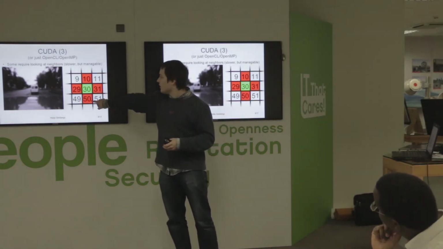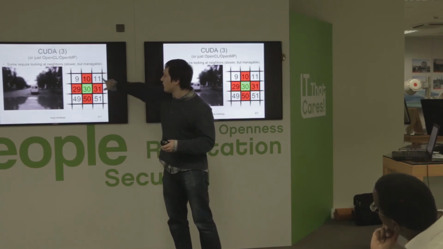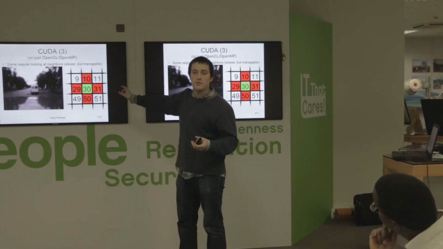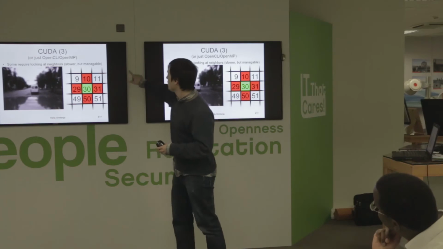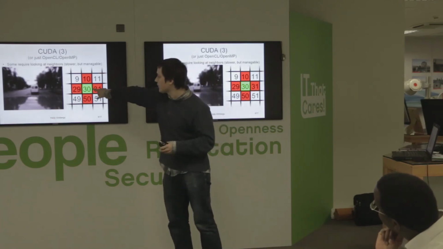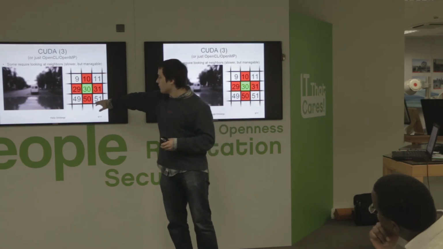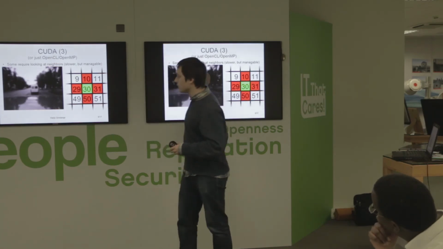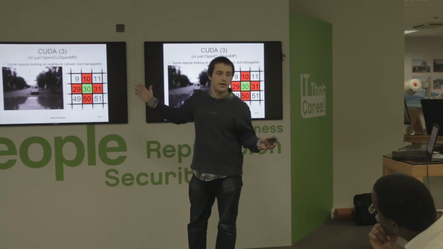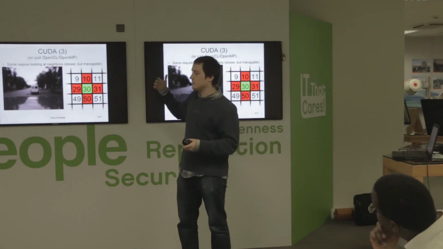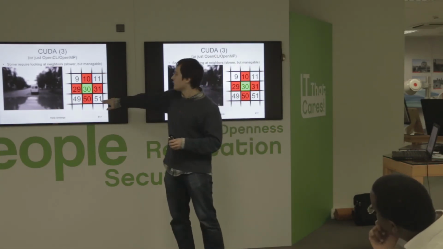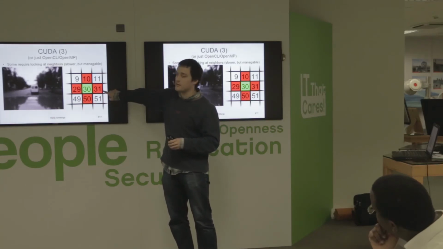But in the next row, the numbers basically show how it is laid out in memory. So I have 9, 10, 11, then there are more pixels, then there's the second row with more pixels. And so if I look at pixel 50, it could be kilobytes away, so much more than the cache size. So accessing that pixel will be a lot slower than accessing that.